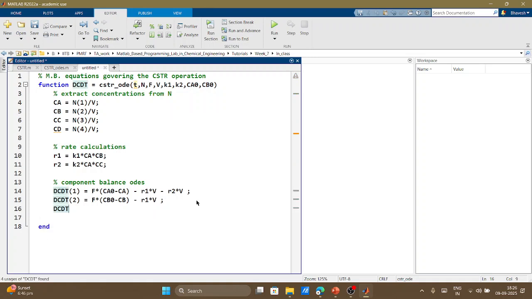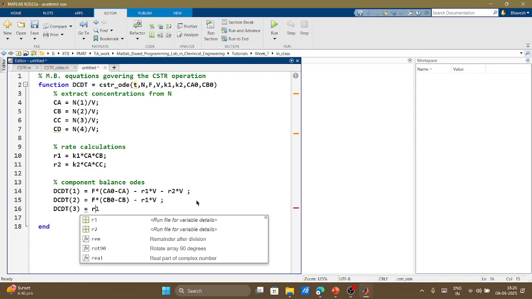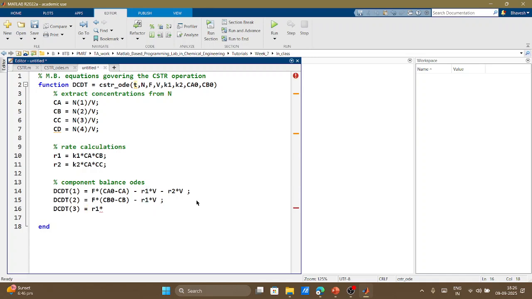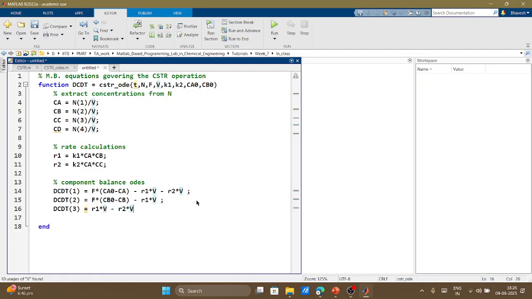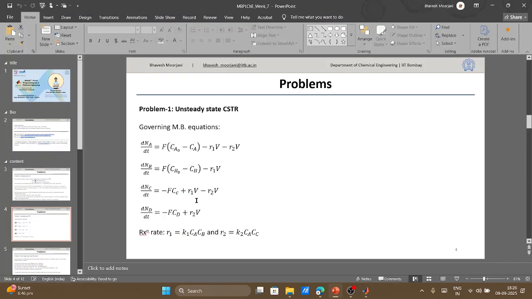Then the third equation is for your component C. C is being produced in reaction 1, so R1 into V, minus C is also being consumed in reaction 2. So this is how the equation will look: R1V minus R2V, also minus F Cc, because it will also go along with the flow.